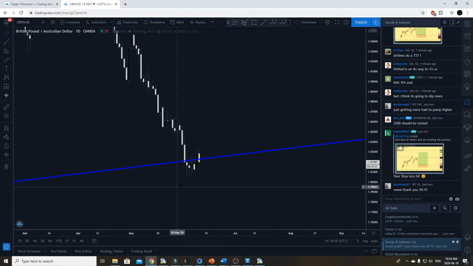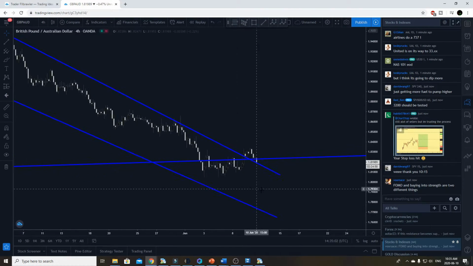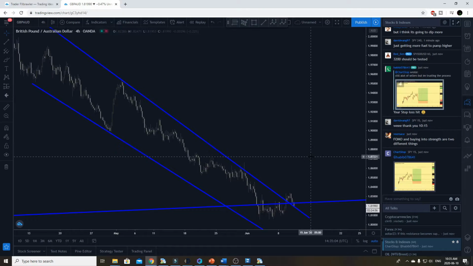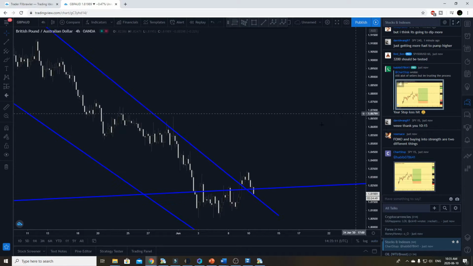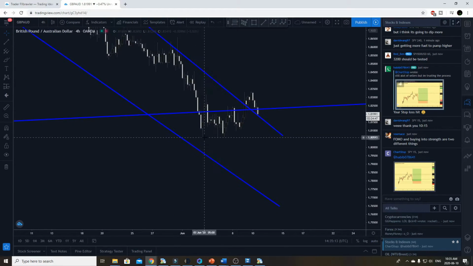So let me go on to a smaller time frame and see if I can find an entry. And this is the 4-hour chart. Nothing too visible here, but these candles, these three, to me at that point I was like, okay, maybe this is a Wyckoff type of accumulation, and I drew a triangle to start with.